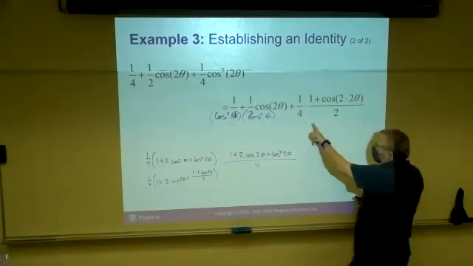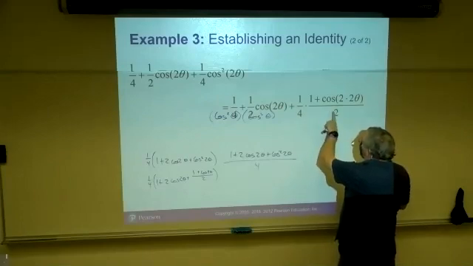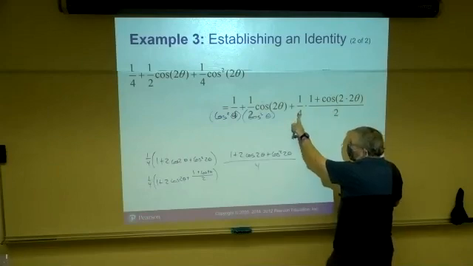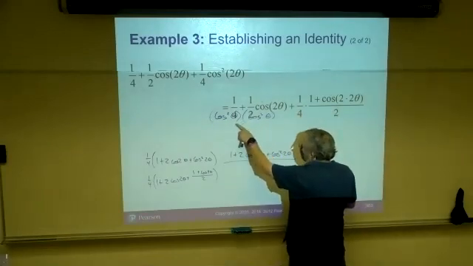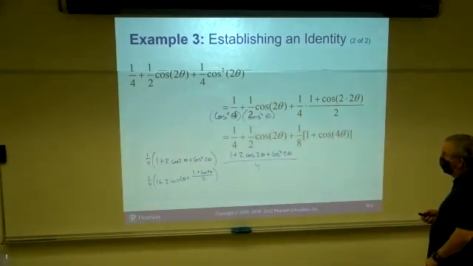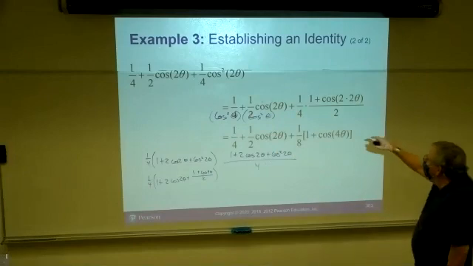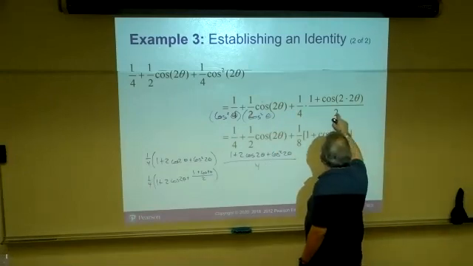So now I have 1/4 here and 1/8 here, and 1/4 plus 1/4 is going to give me 1/2. And so, well, I factored out the 1/8. Why? Oh, yeah, that would be 1/8. I forgot that I'm multiplying by 2.